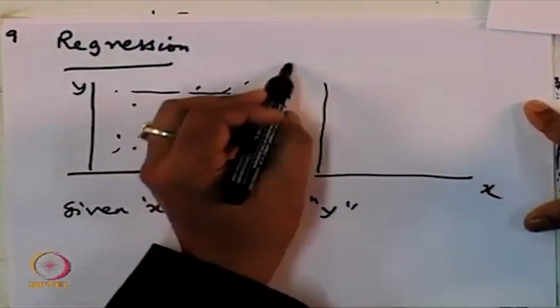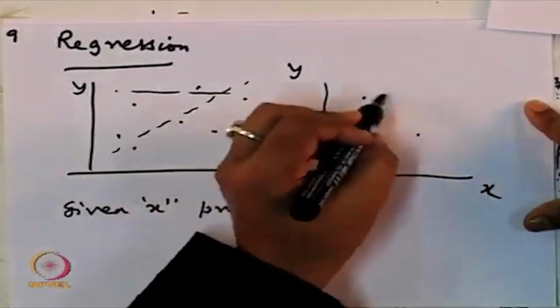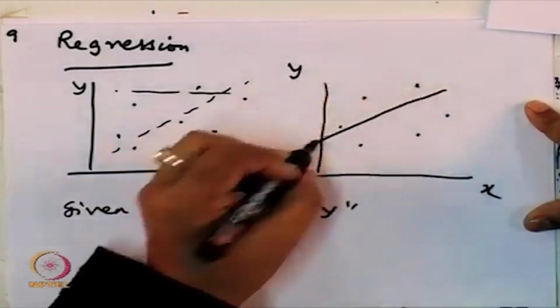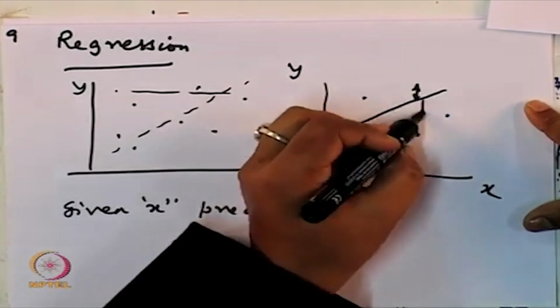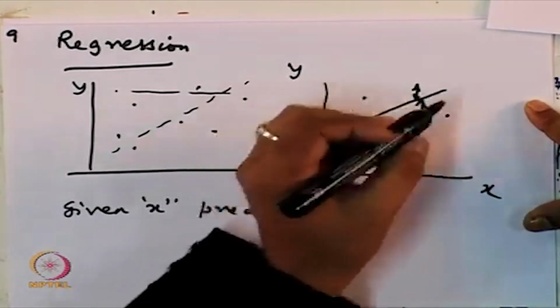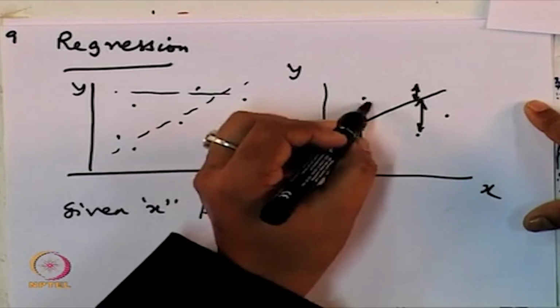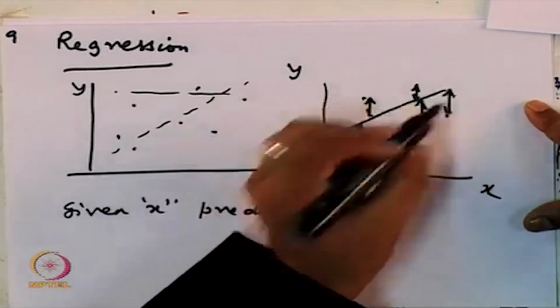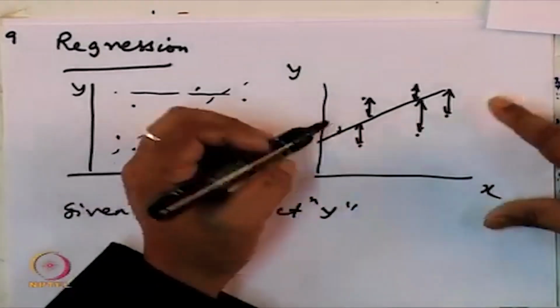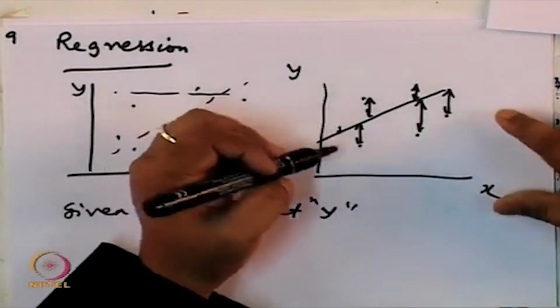So, if you have x, you have y, and you have these points, you draw a line such that the errors which accumulate for each of these points away from this line are small. So, for each point you can calculate how far the estimate is from the actual value.